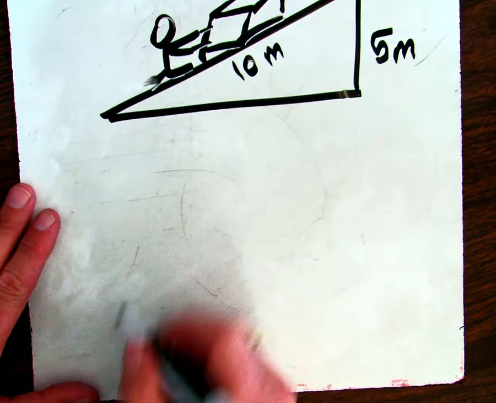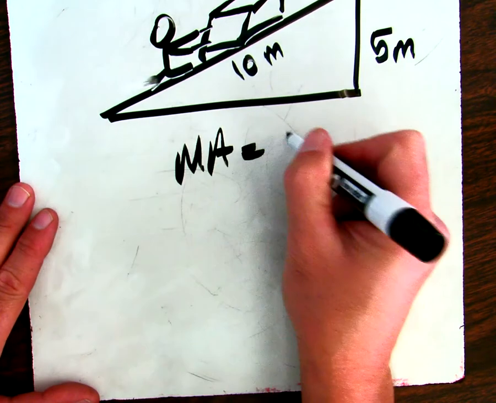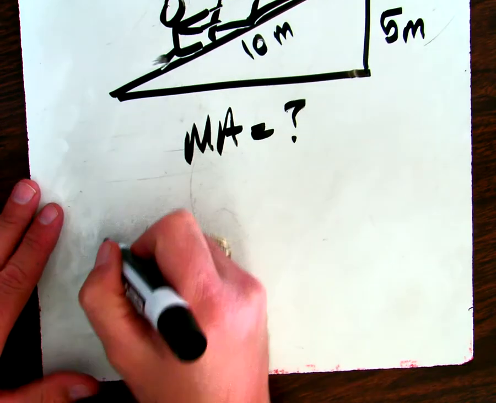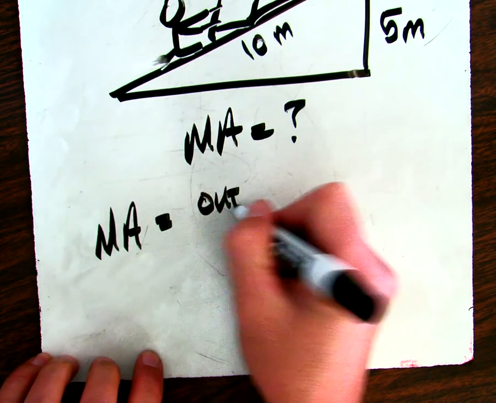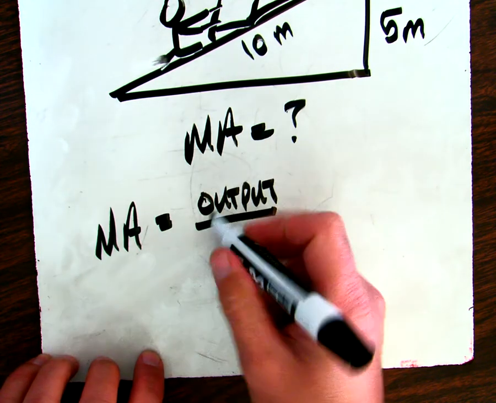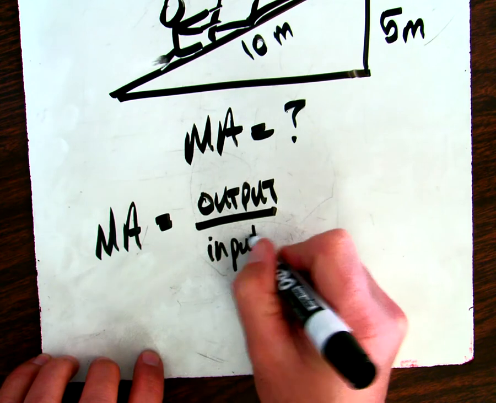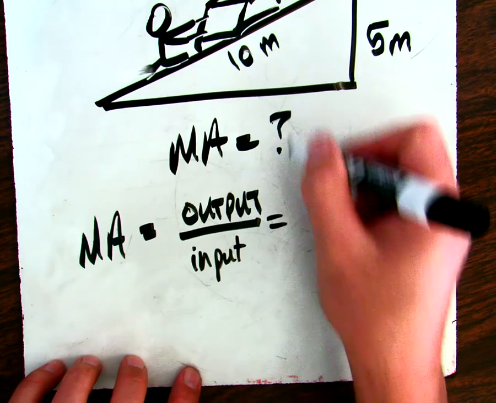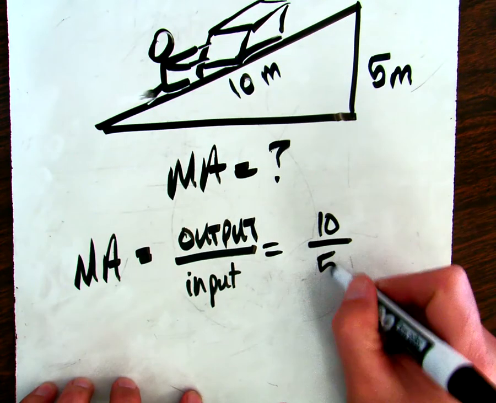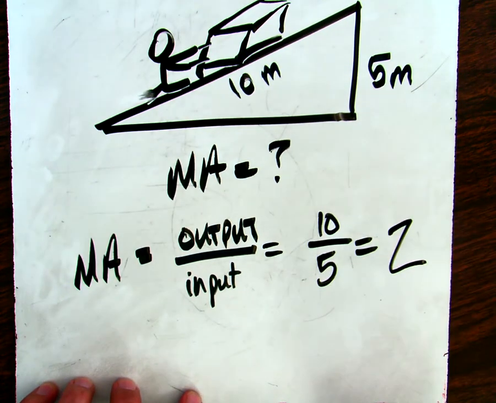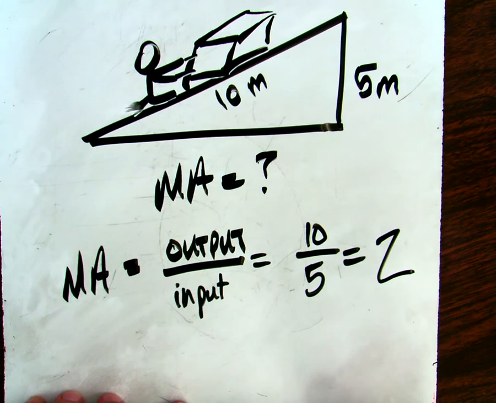What is our mechanical advantage? The mechanical advantage formula, if you guys remember, is our output divided by our input. In this case, output is our length, so 10 divided by our height of 5 equals 2. So our mechanical advantage for this example is 2.